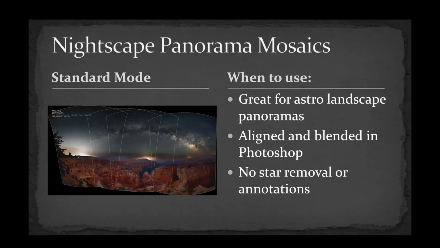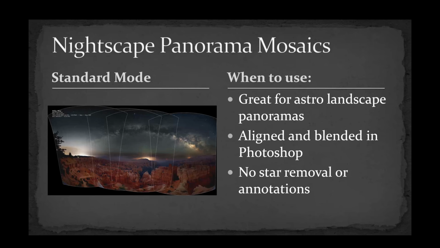The landscape panoramas don't work real well using mosaic by coordinates. They work much better. They look much more natural when you use a panorama arrangement. And here it works much better to align and blend the images in Photoshop. So that's what PiMagic and AstroMagic do. As a result of the fact that the mosaic is never assembled inside PixInsight, you don't have the annotations and you don't have the star removal.